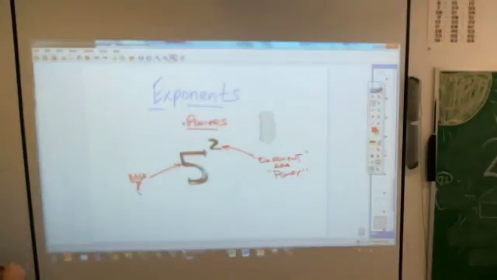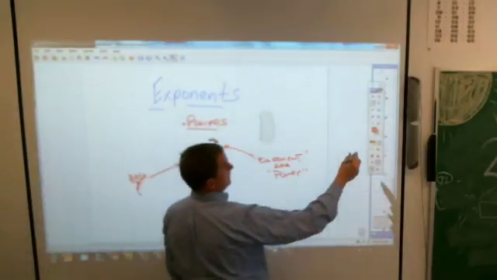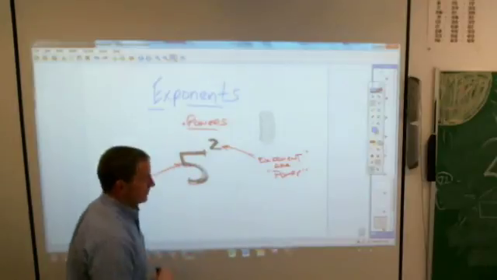And what does an exponent tell you? People get that mixed up with multiplication. They think this is 5 times 2. Definitely not 5 times 2. You multiply the same number that many times.